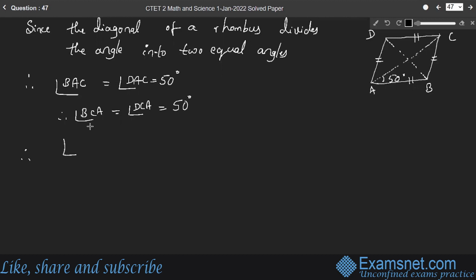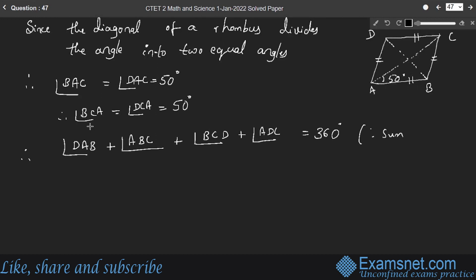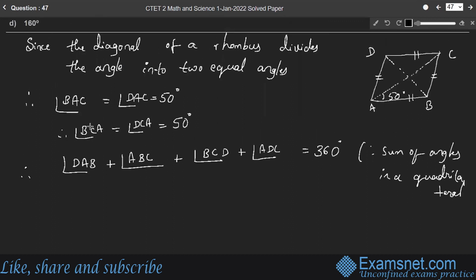Angle DAB plus angle ABC plus angle BCD plus angle ADC is equal to 360 degrees, because that is the sum of angles in a quadrilateral. Angle DAB is the sum of these two angles, 50 plus 50, which is 100.